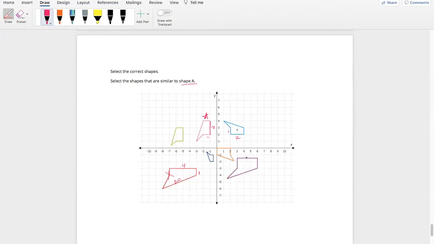This side goes from 3, and then this looks like it's 1.5, 1 unit and then another half. So we can say 1.5. So if I multiply 1 by 1.5, because those are the corresponding sides, that works. 2 times 1.5 gets me to 3. So this one is also similar, has those proportional sides.